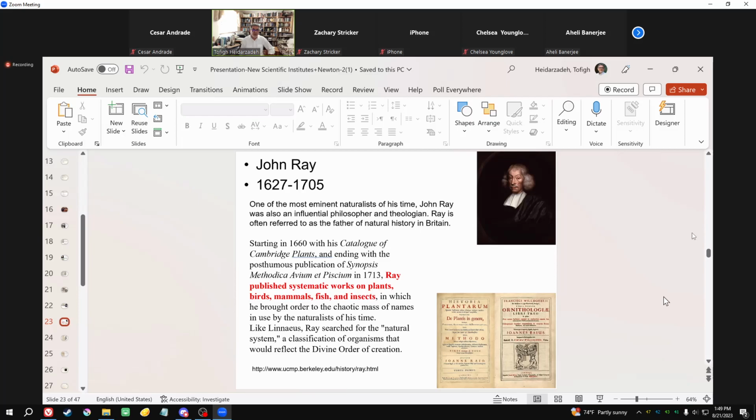John Ray studied a lot about plants, about animals, to find order there, to find connections there between different species, and in this way prove that there was a divine design to create all these things. So again, to do this, what they had to do was very accurate observations.